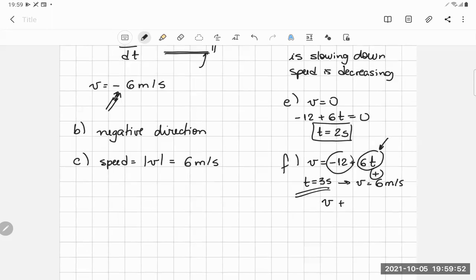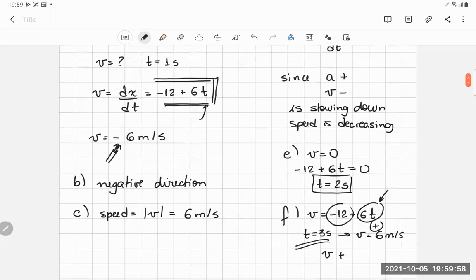Okay, so we finished this problem, but let's explore it a little bit more. We have this equation for the velocity, so we could find for which time interval this velocity is negative, and therefore the object is slowing down, because we already found that the acceleration is positive.